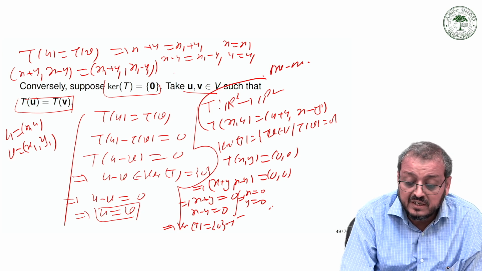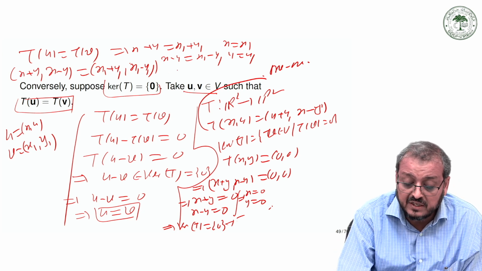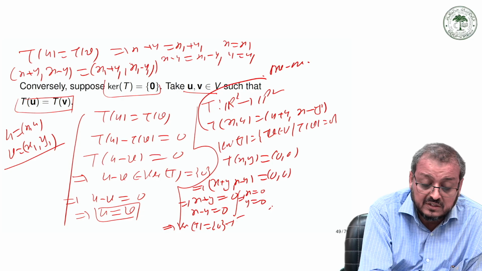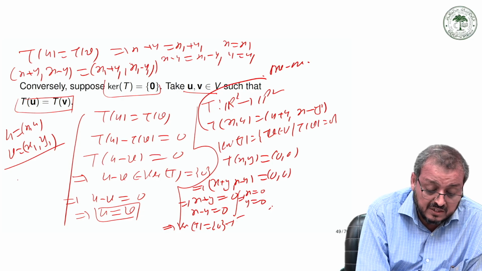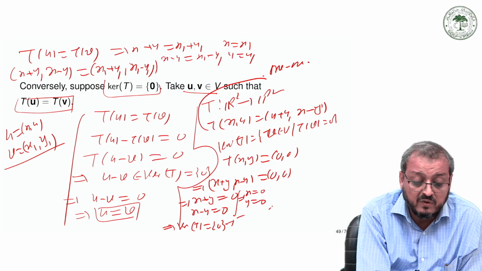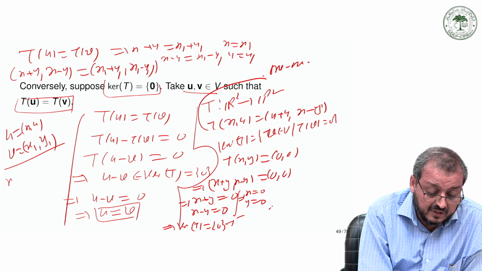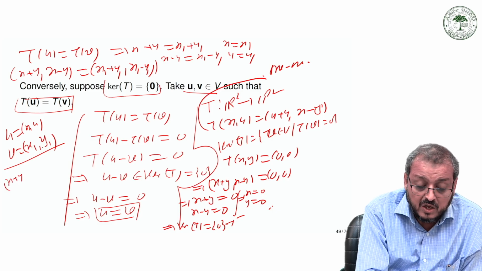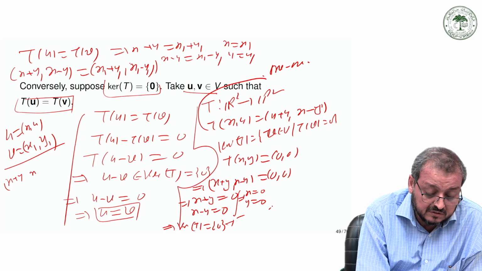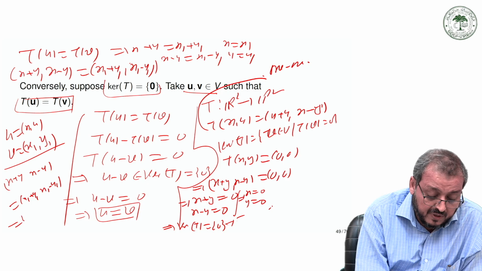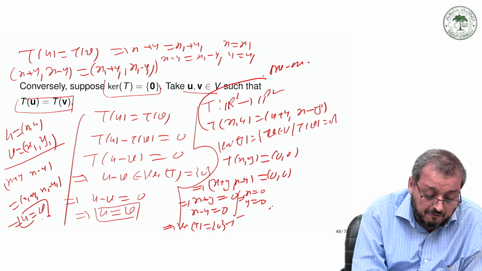So if these two are equal, then x plus y and x minus y are the same as x1 plus y1 and x1 minus y1. This implies that u is equal to v.